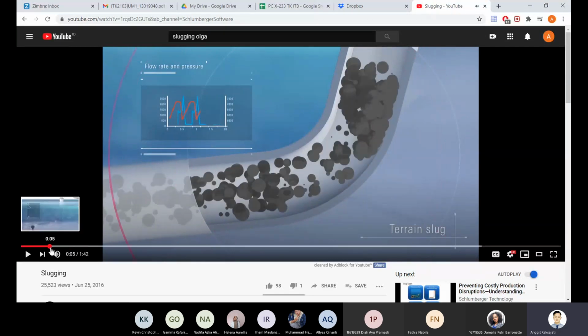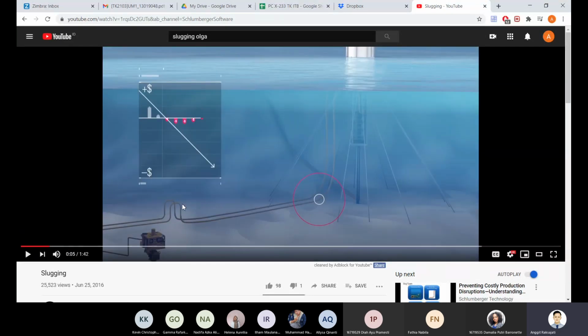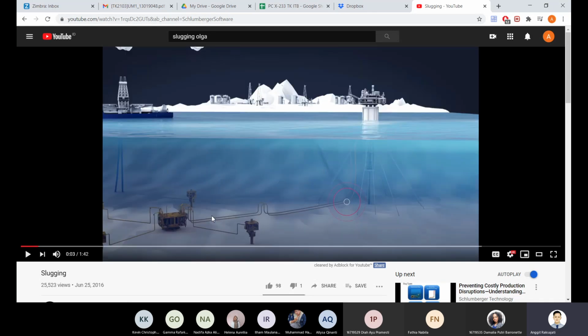Let me go back earlier. Again, this is the example of offshore production of oil and gas. As I mentioned earlier, coming into the wellhead it must be a mixed liquid and gas because of the associated gas coming from the oil. But it has to be sent to the platform over here, which could be kilometers from the well.